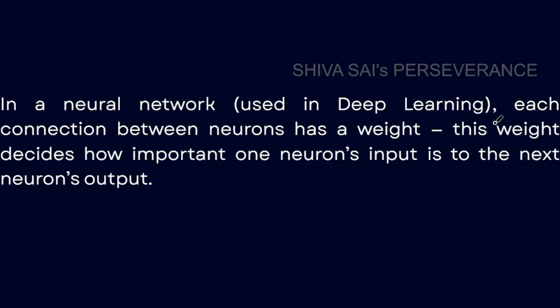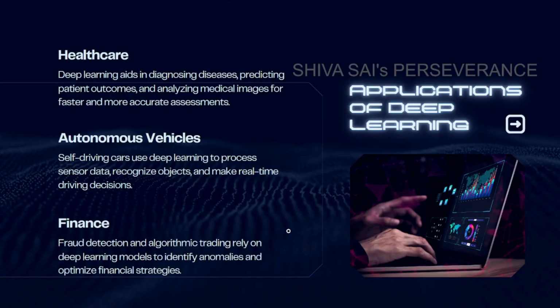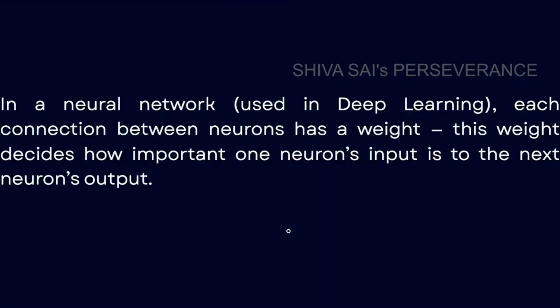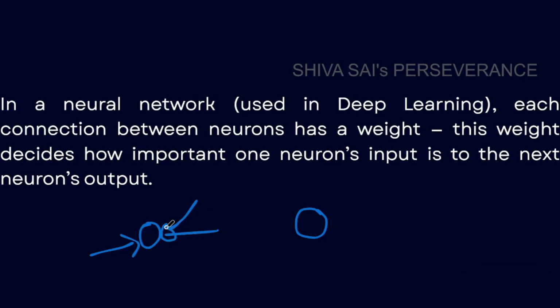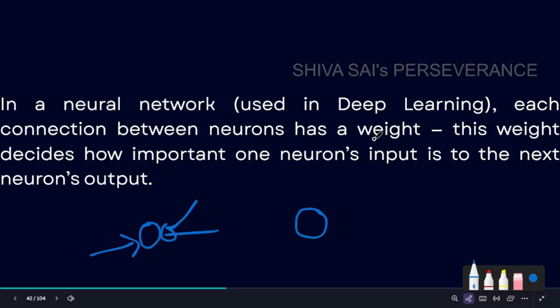So why weight? Each connection between neurons has a weight. This weight decides how important one neuron's input is to the next neuron's output. Meaning, if I have a neuron, this is the input of this neuron and this is the output for that neuron, correct? So the weight decides.